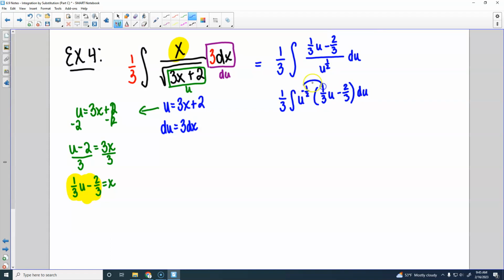And then you are going to distribute that. Or the other way you could think of it is like a love connection here. That's essentially the same thing. So you're going to have 1/3 u to the positive 1/2 minus 2/3 u to the negative 1/2.